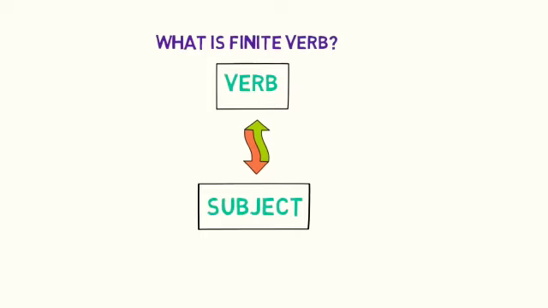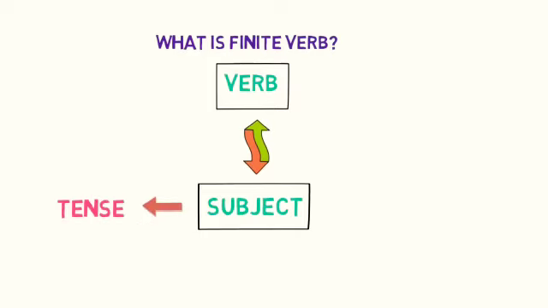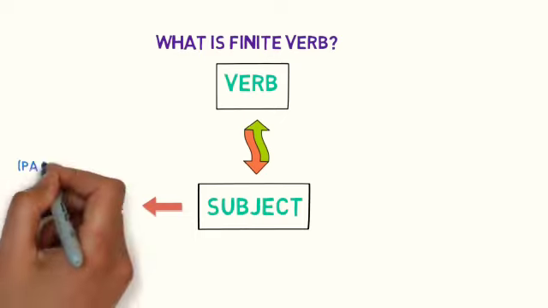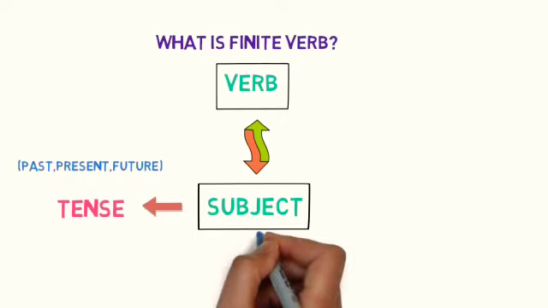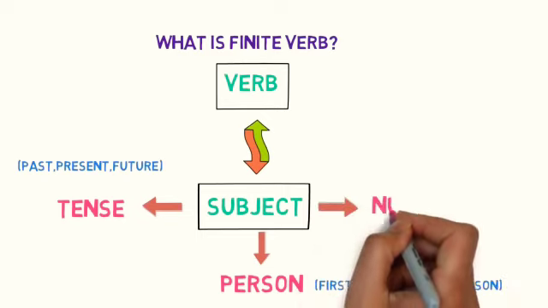First of all, tense, that is, the subject is performing the action in past, present or future. Second, the person, that is, the subject is the first person, second person or third person.